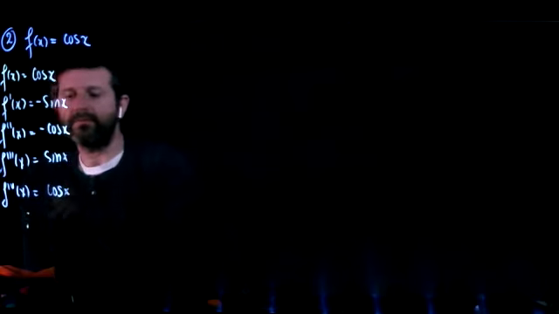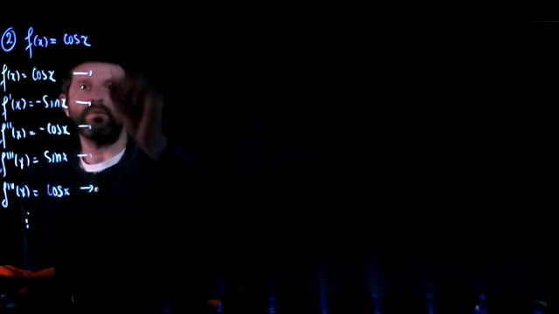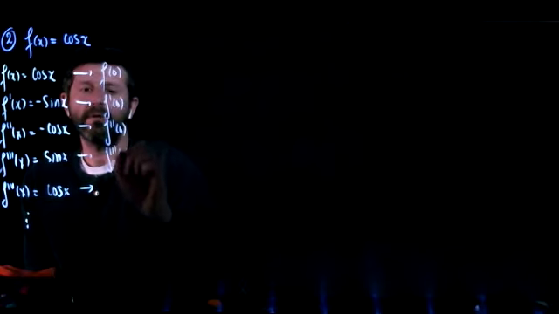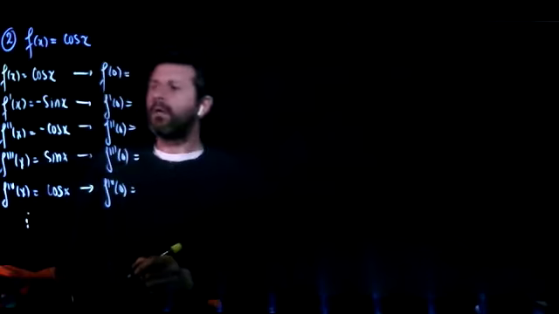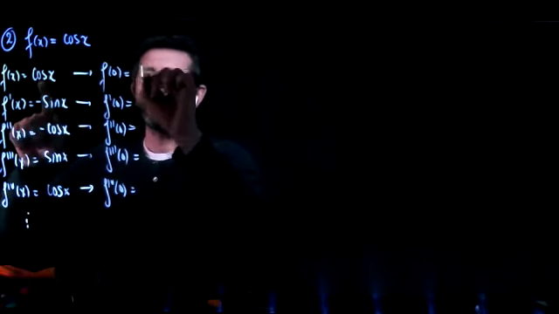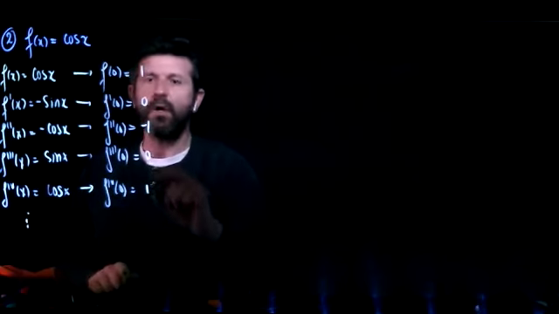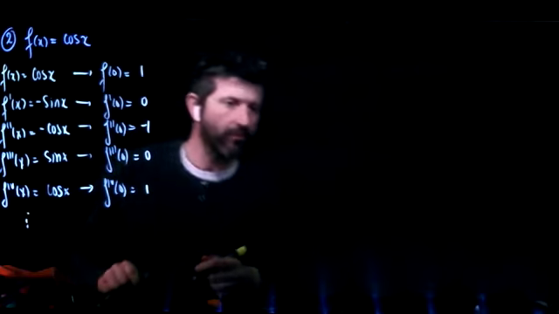Okay, and so on. Let's evaluate them at 0. F of 0, f prime of 0. Okay, so if I plug in 0 here, I get 1, 0, negative 1, 0, 1. Again, so 1, 0, minus 1, 0, 1, 0, minus 1, 0, and so on.